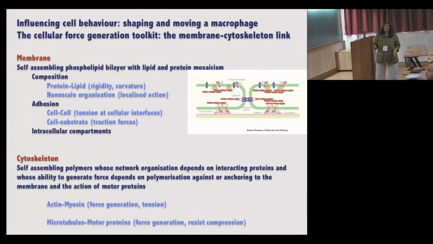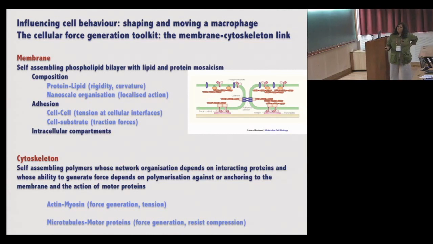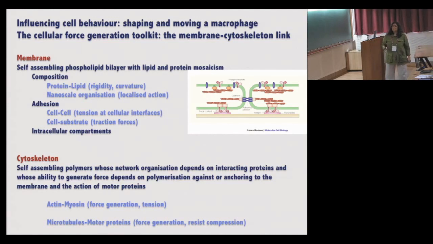And so this allows cells to adhere to and exert traction forces on a substrate in the same way that we walk, right? And we also have in multicellular animals proteins that allow cells to modulate how strongly they're stuck to their neighbors. And so these molecules allow the membrane on which they're present to also link to the cytoskeleton and contribute to the amount of tension at the interfaces between adjacent cells.